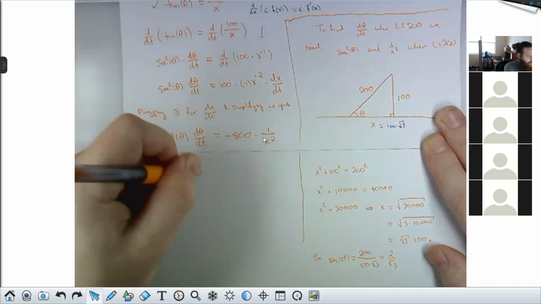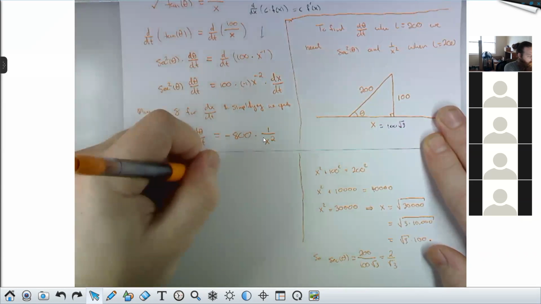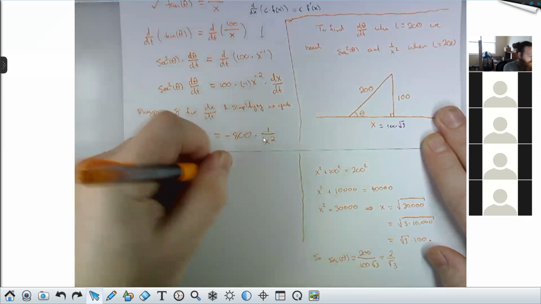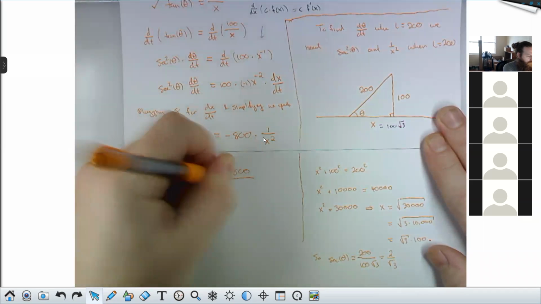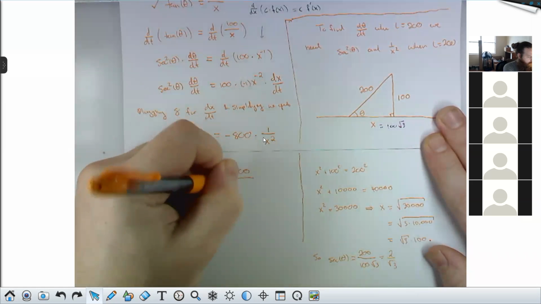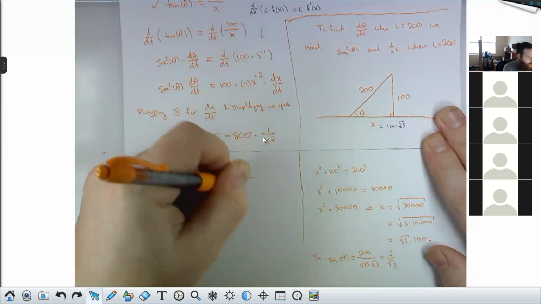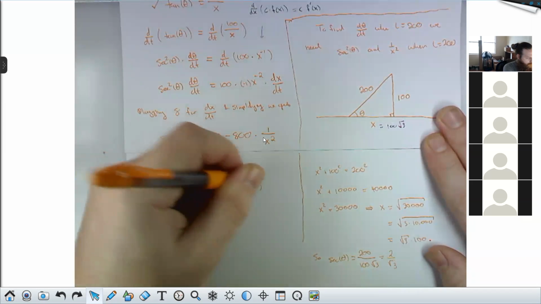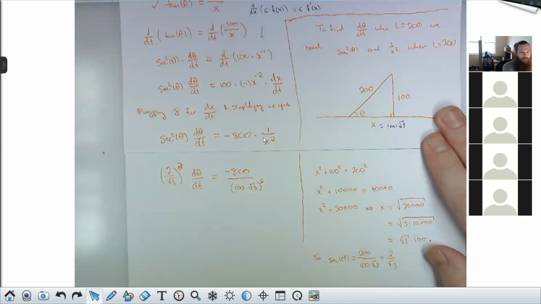Then my d theta dt is still here. Remember, that's what I want. And on the left-hand side, I have negative 800 over x squared. X is 100 times the square root of 3. So x squared is that squared.